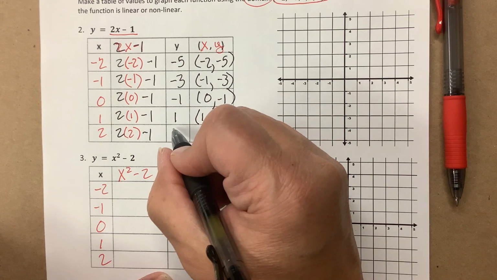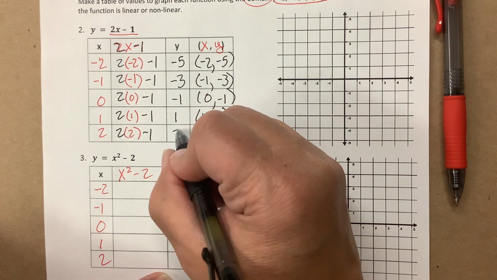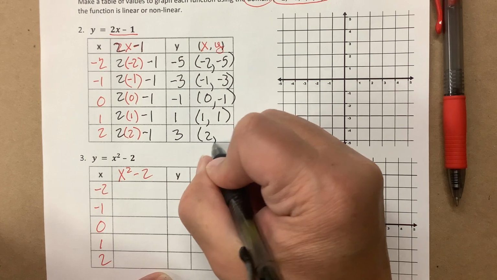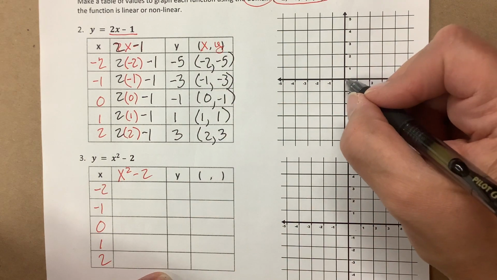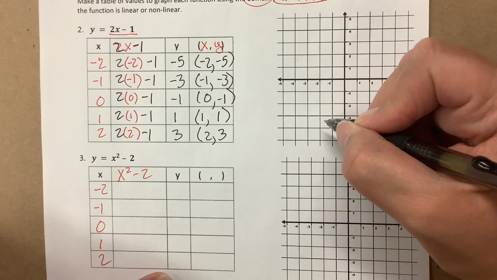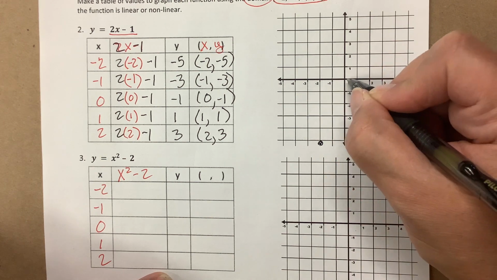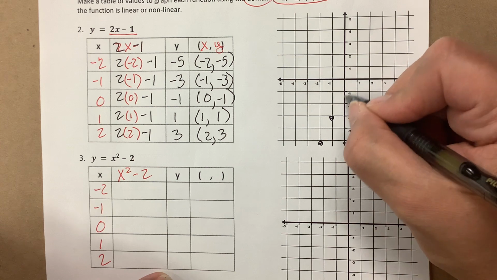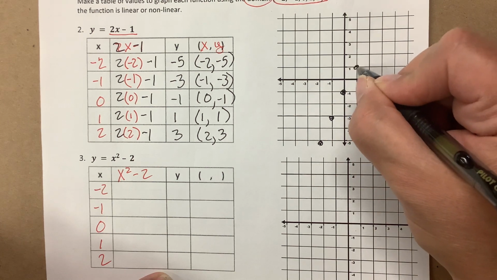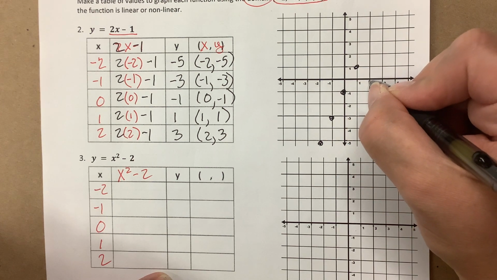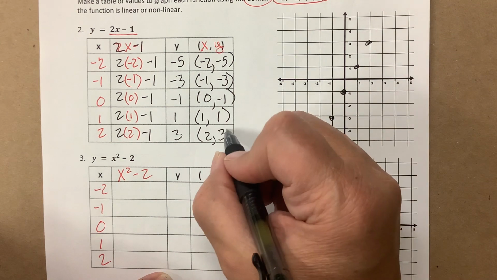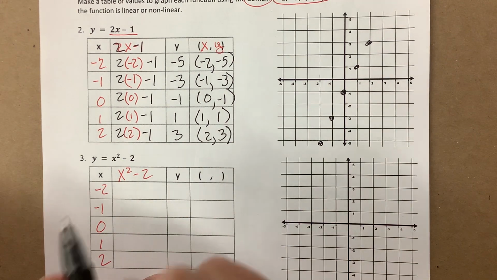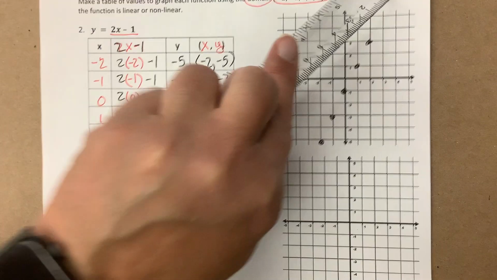And 4 minus 1 is 3. I get (2, 3). Look, now they're going up by 2. It's (-2, -5), (-1, -3), (0, -1), (1, 1), and (2, 3). And I stopped there because I realized I didn't put my parentheses there. No parentheses, that's a problem.